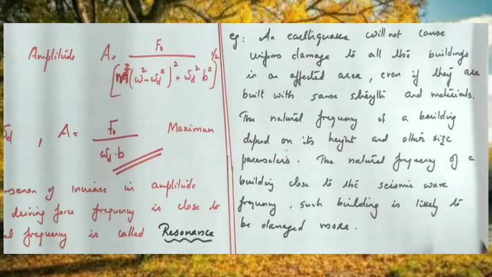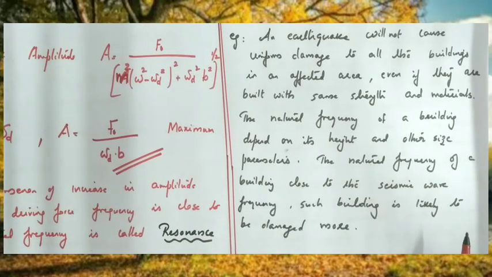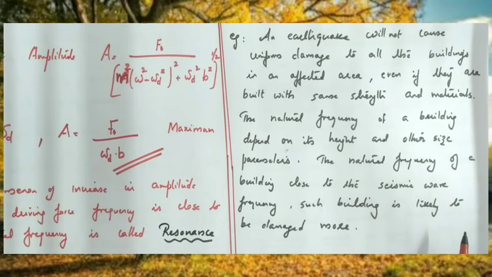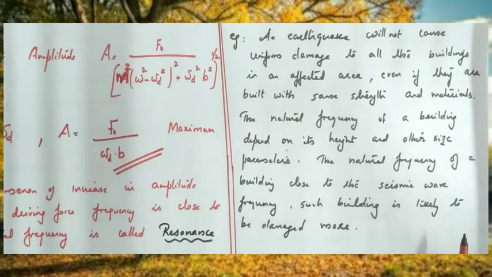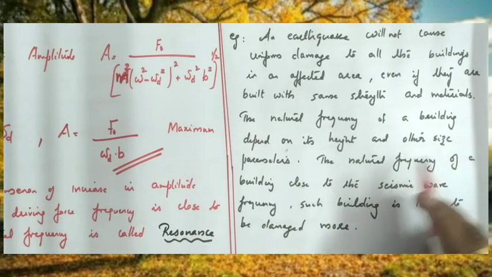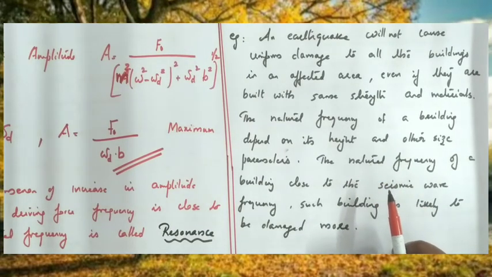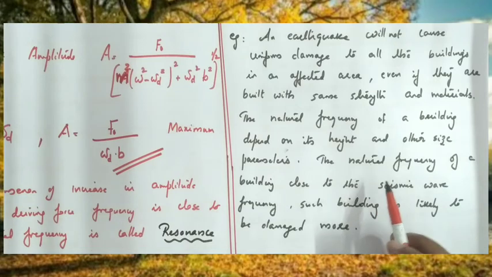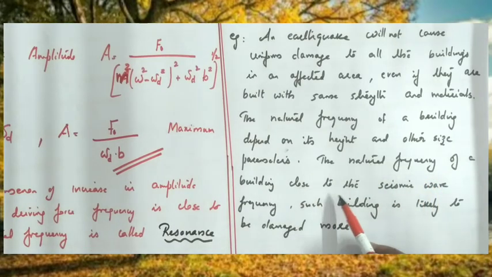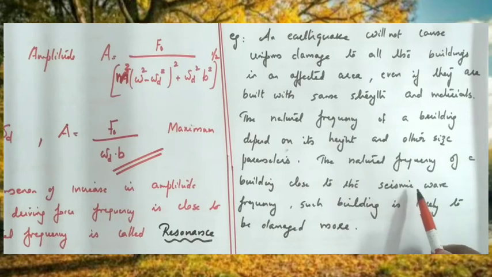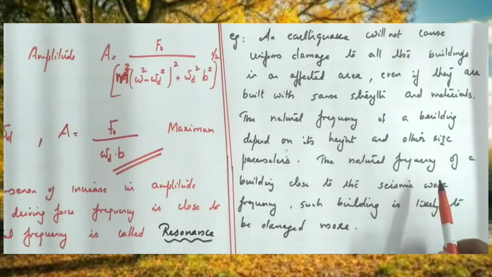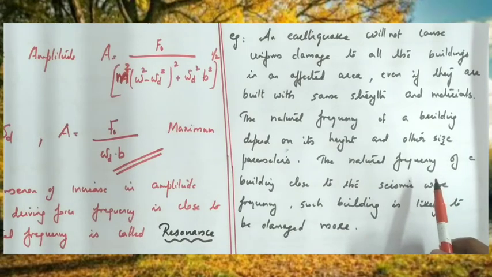Another example of resonance: an earthquake will not cause uniform damage to all the buildings in an affected area, even if they are built with the same strength and same materials. The natural frequency of a building depends on height and other size parameters. Earthquake waves are called seismic waves, and they have a definite frequency.